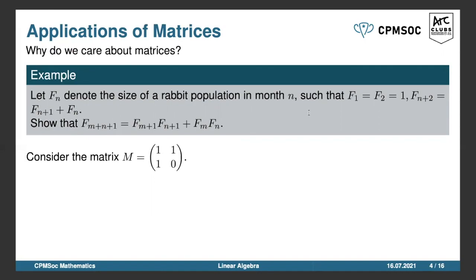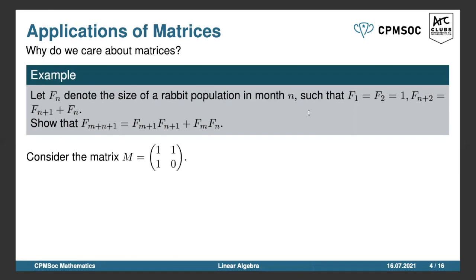Let's say in month n, F_n is the population of the rabbits, and initially in month 1 the population is 1, and in month 2 the population is 1. So that's the starting population, the populations in the first 2 months.